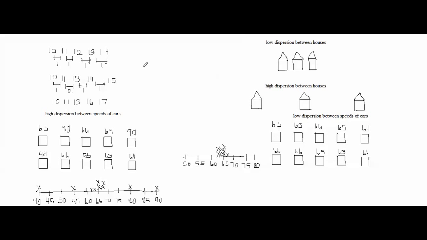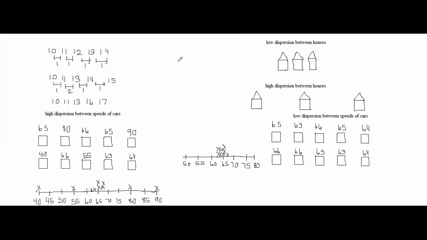So we have one extreme down here with all students earning 75%, which is no spread, and an extreme over here with half the students earning 50s and half of them earning 100s, which would actually be the maximum or the highest amount of spread possible.